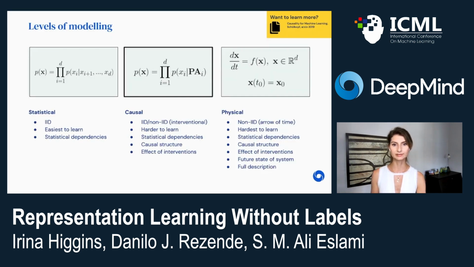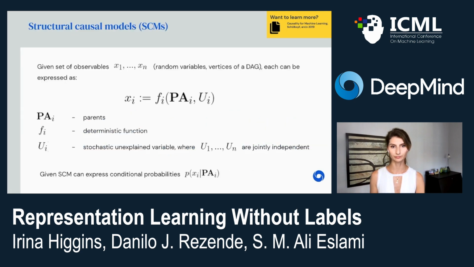So, if statistical unsupervised disentangled representation learning is brittle, can a causal view on disentangling help? First, let's formally introduce structural causal models, or SCMs. In an SCM, each observable random variable can be expressed as a deterministic function of its parents in a directed acyclic graph and an independent source of noise.